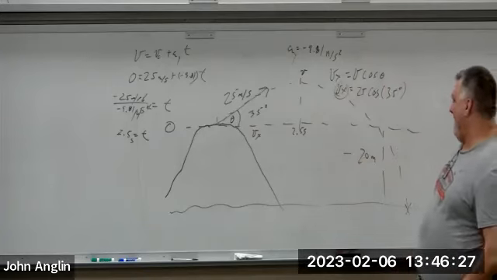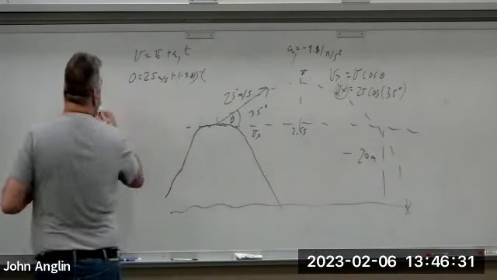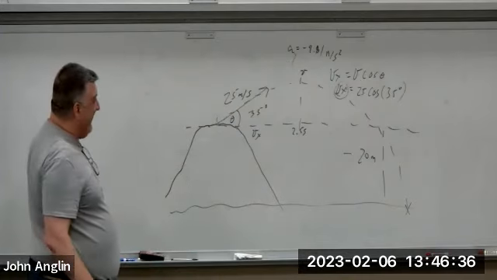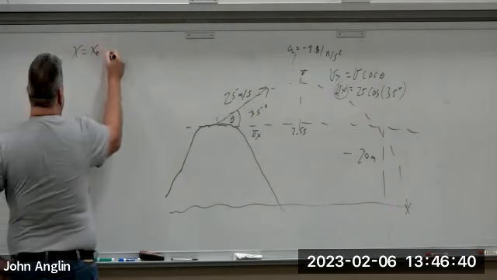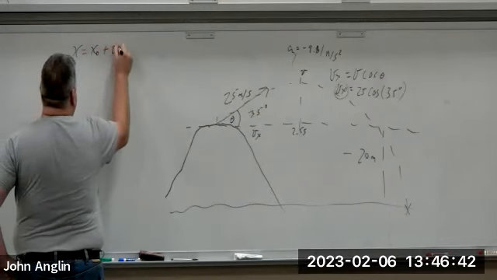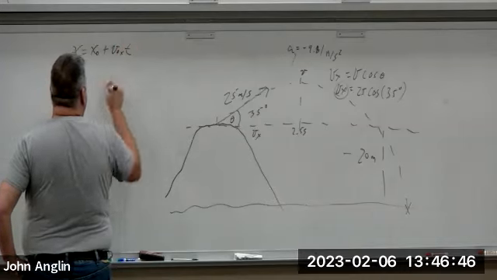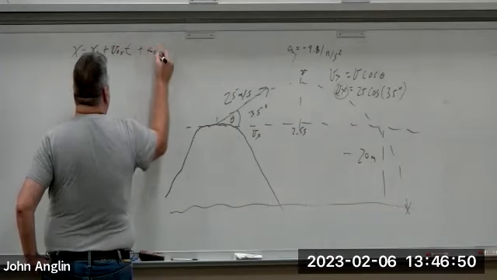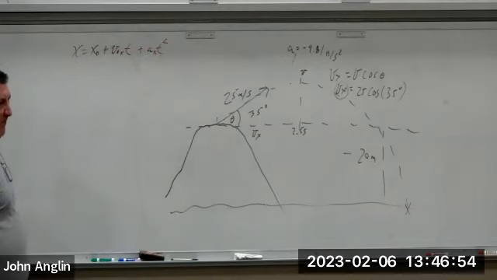Well, what can I do with that? Since I know v sub x now, and I know t, I can say my x position equals my initial x position plus my initial velocity in the x direction times t, plus my a in the x direction times t squared.